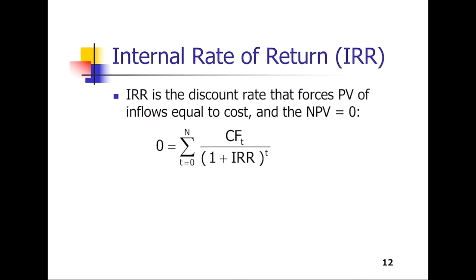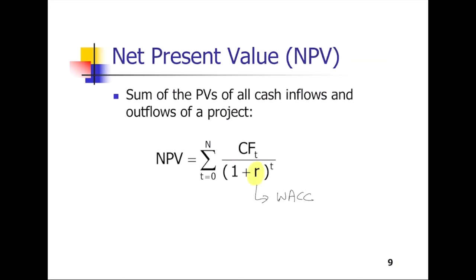Now a new tool to evaluate projects, the IRR, internal rate of return. IRR is the discount rate that makes the present value of inflows equal to cost and the NPV equal to 0. So do you remember the NPV general formula, right? NPV can be calculated by the sum of the present values of all cash inflows and outflows of a project.